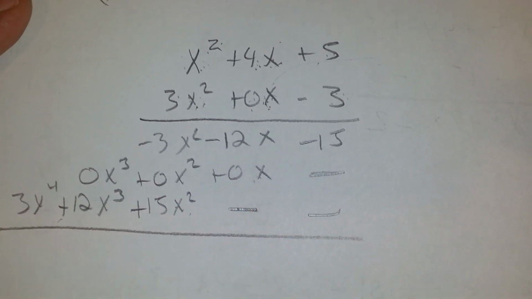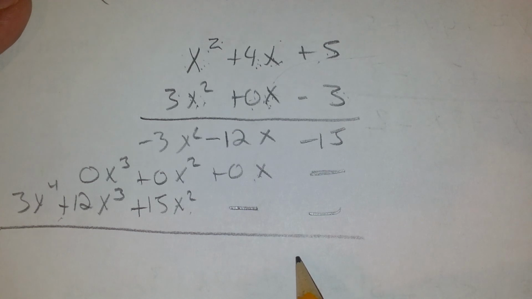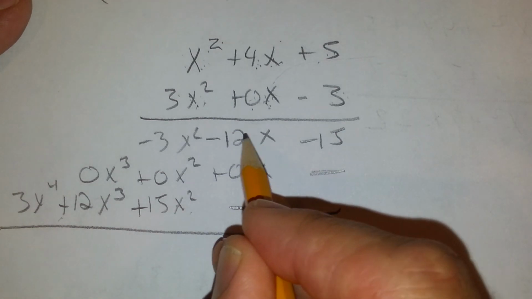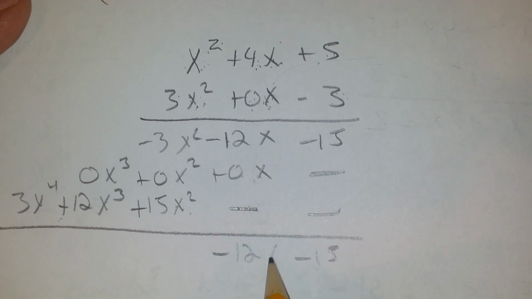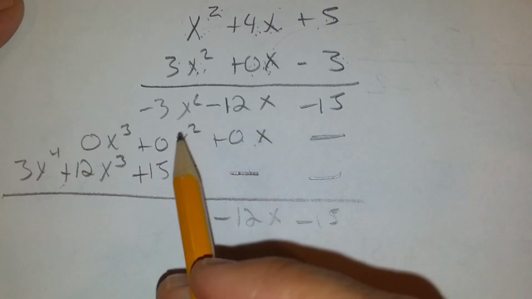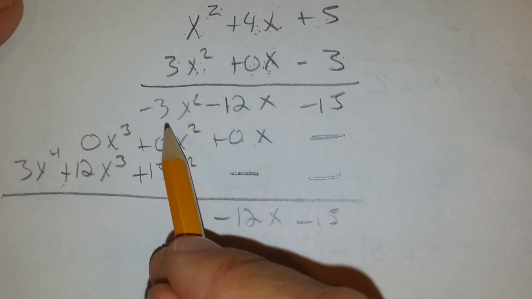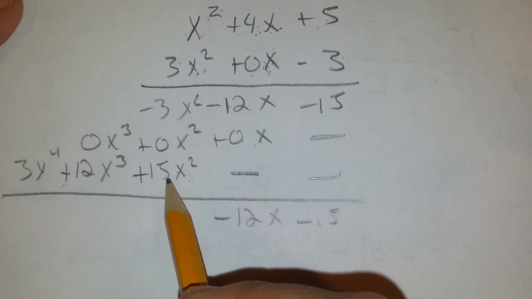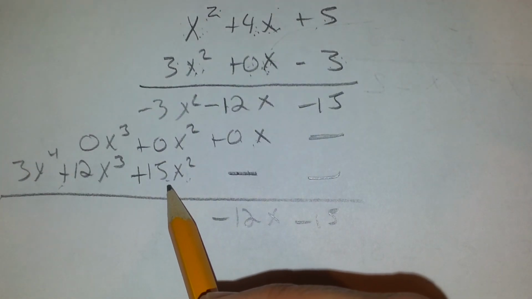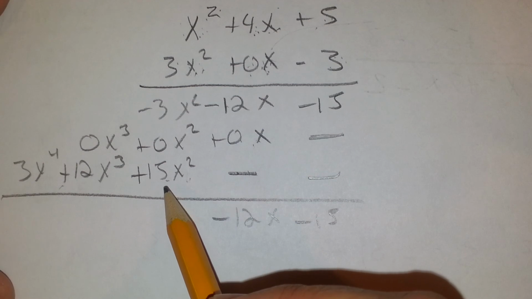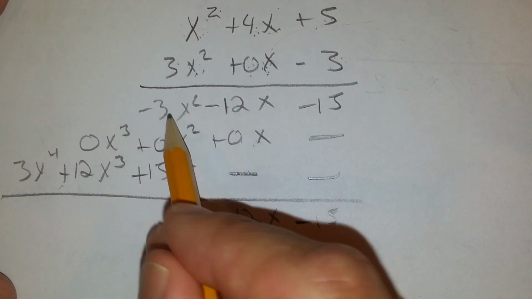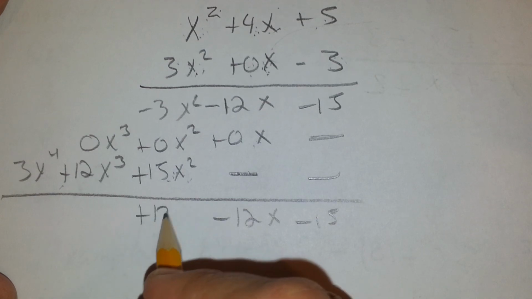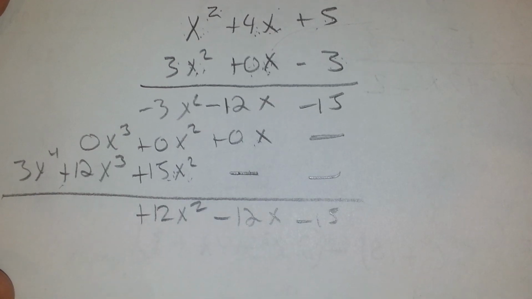And now I just combine everything. I've got a minus 15. I go to the x column, and I've got a negative 12 and 0, so that's minus 12x. Here's my x squared column. I've got negative 3 and plus 15, that's plus 12x squared.